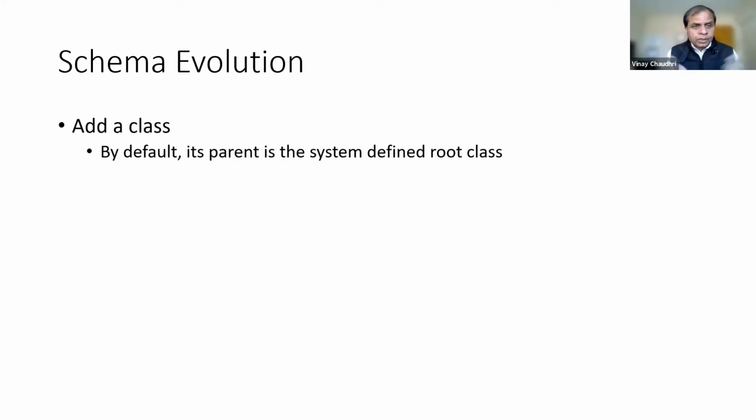If you add a new class to the system, one invariant that people usually follow is that every class would be a subclass of a system-defined root class. So if you add a new class and you don't specify where it should go, the invariant would be to just put it under the system-defined root class.